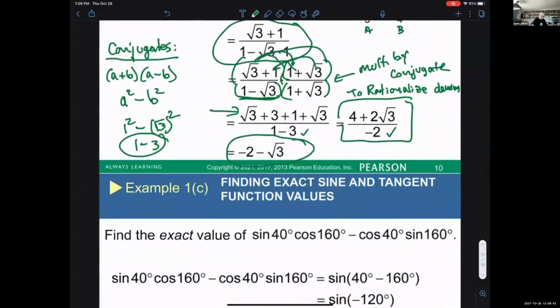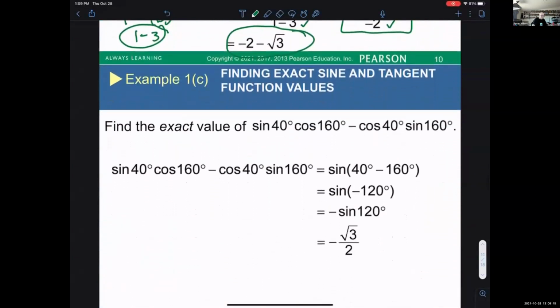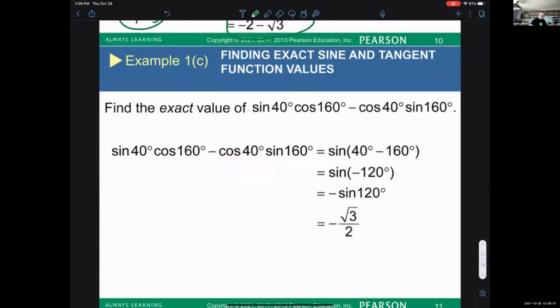Okay, so let's look at 1C. Find the exact value of sine of 40 degrees times cosine of 160 minus cosine of 40 times sine of 160. And we had an example 1C like this in the previous section when we were looking at the sum and difference of cosines.